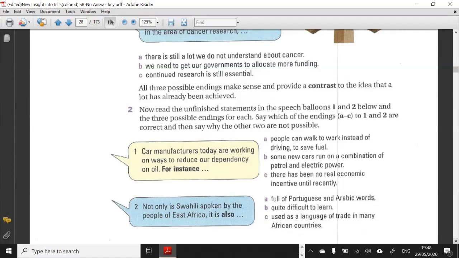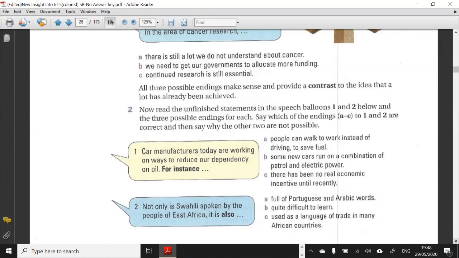Now look at question number 2. Read the unfinished statements in the speech balloons 1 and 2 below, and the three possible endings for each. Say which of the endings A to C for 1 and 2 are correct, and then say why the other two are not possible.